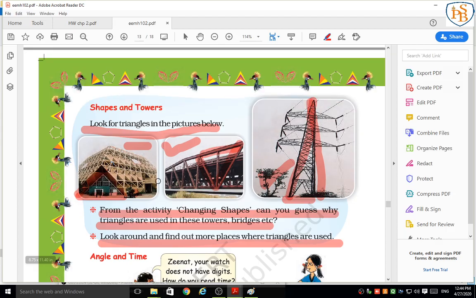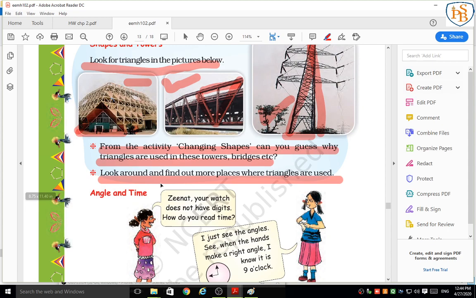Here we learn the angles in towers, bridges, in the garden, in all things. Correct? Now, if we look carefully at the watch that we wear on our hand, or in all houses we have a wall clock.